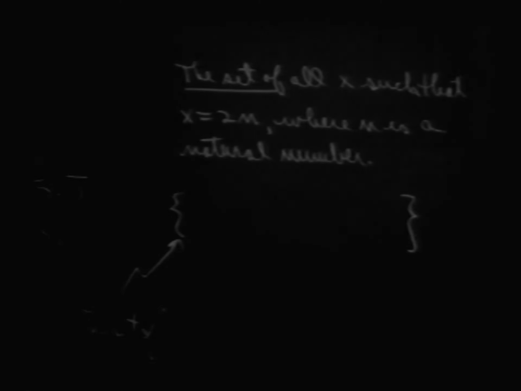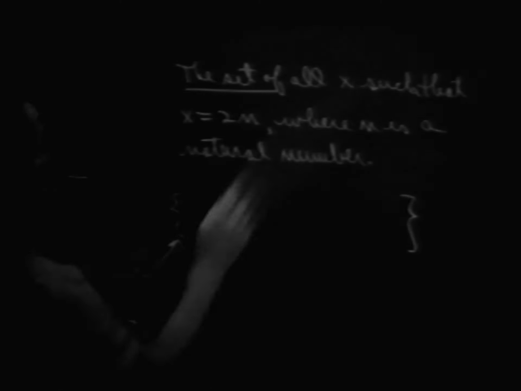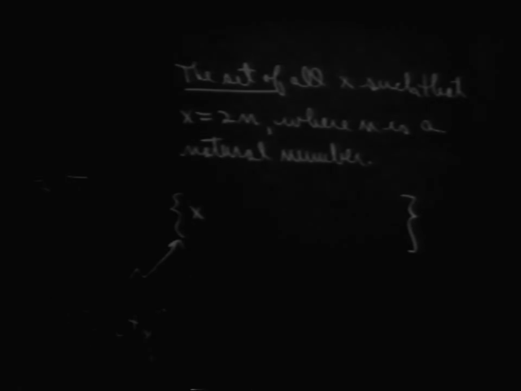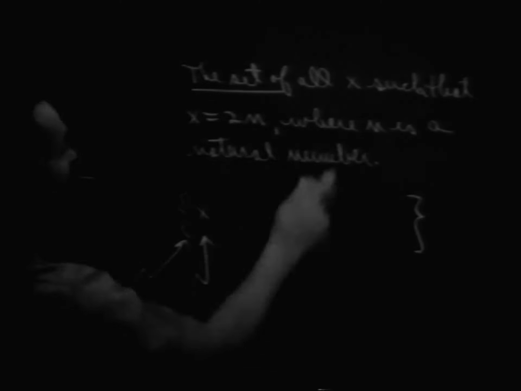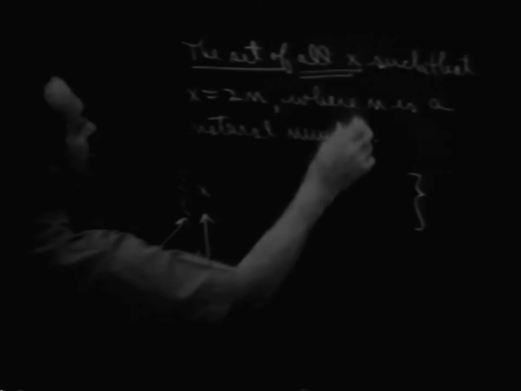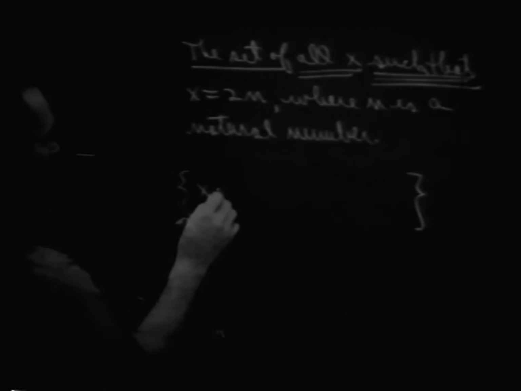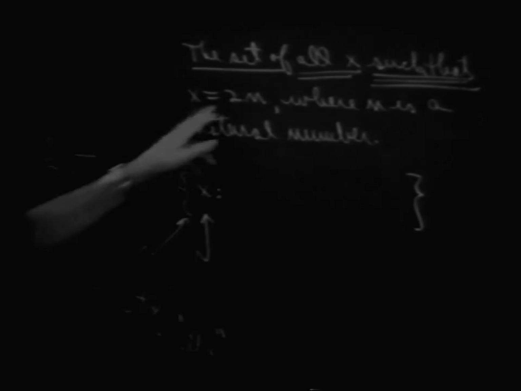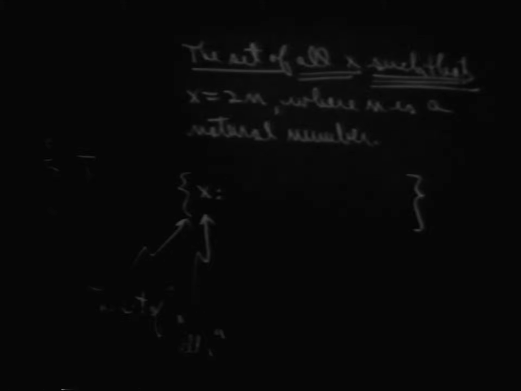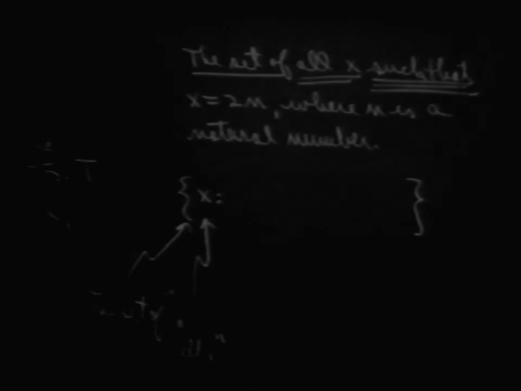Now, the notation that we use for the set of all x is to put just the letter x in here. And as soon as I write that x, you and I will interpret this as all x, okay? Now, such that would be abbreviated simply by a colon, all right? Instead of all x, such that, and now I'm going to write something here such that whatever it is that I want to say. And what do I want to say here?